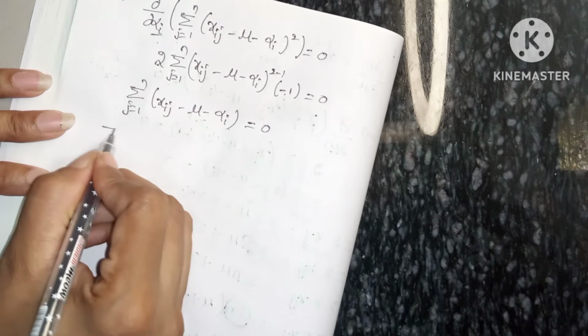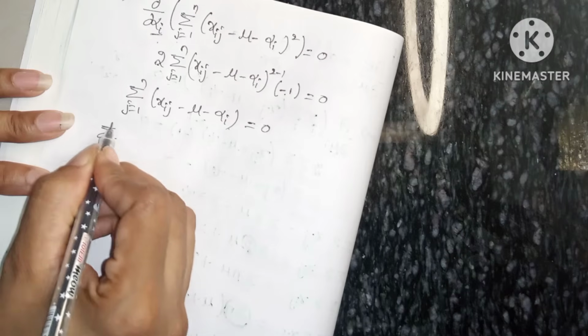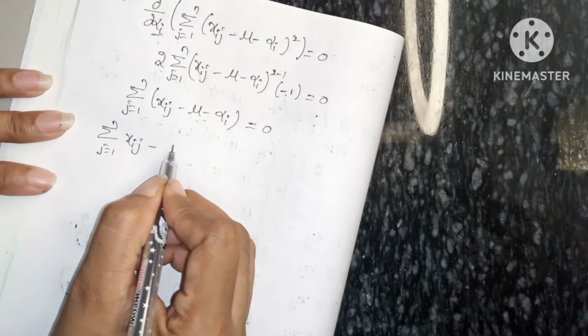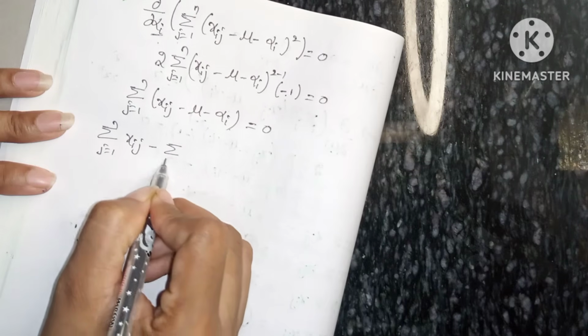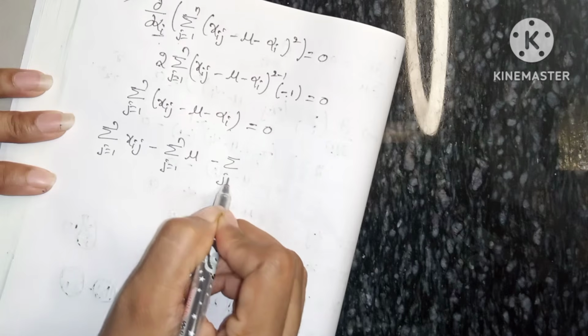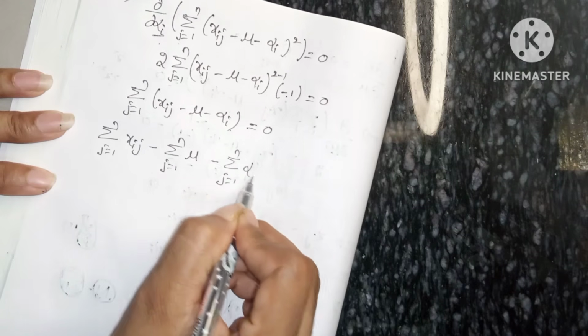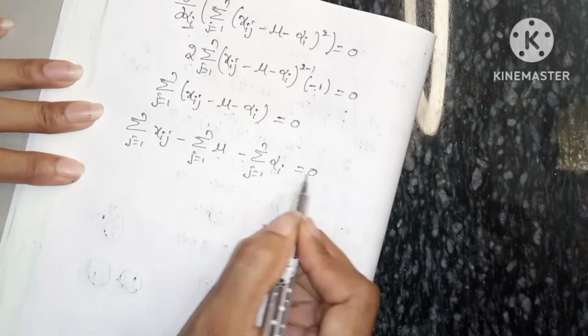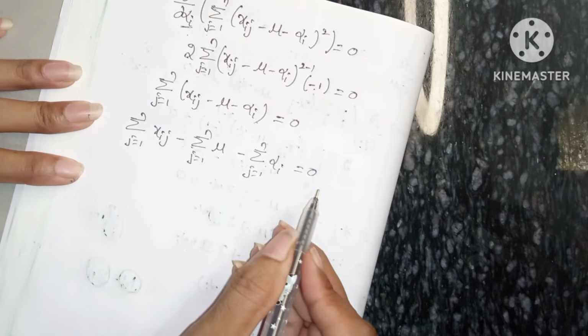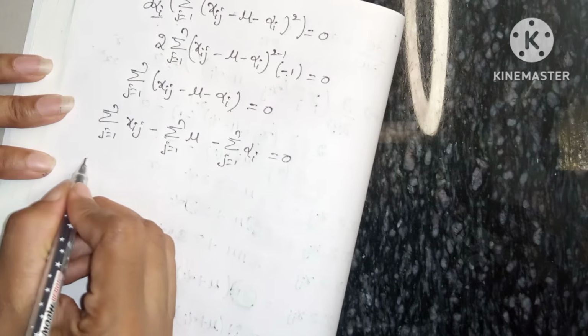Now we multiply this summation with all these terms. So summation j equals 1 to n xij minus summation j equals 1 to n mu minus summation j equals 1 to n alpha I equals 0. These two terms are negative, so if we take them to the right side they become positive.